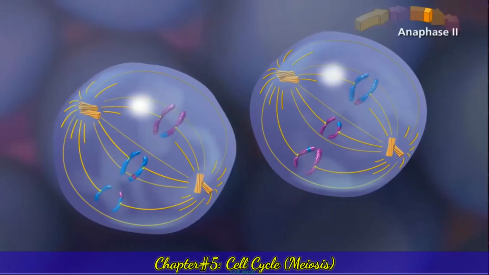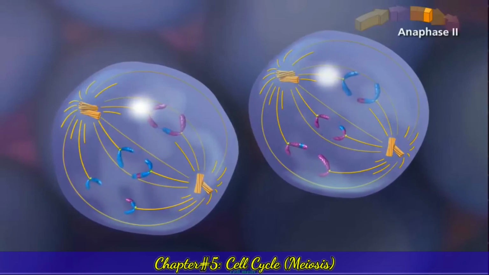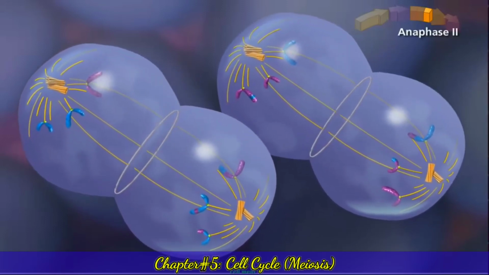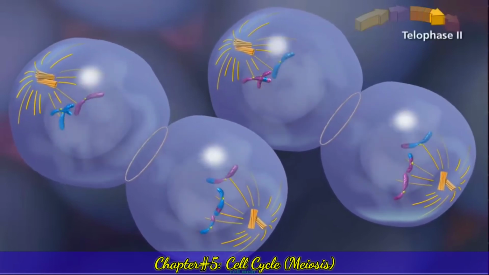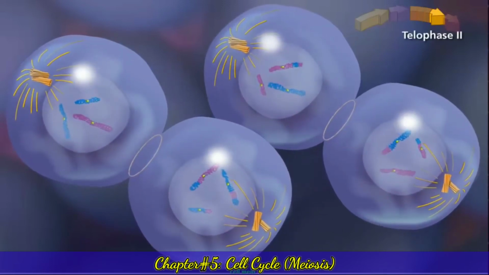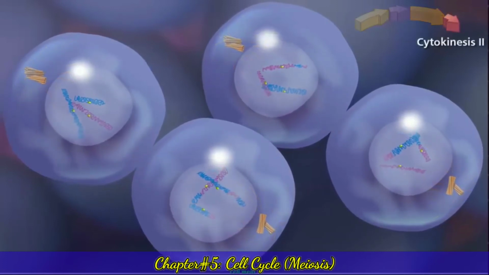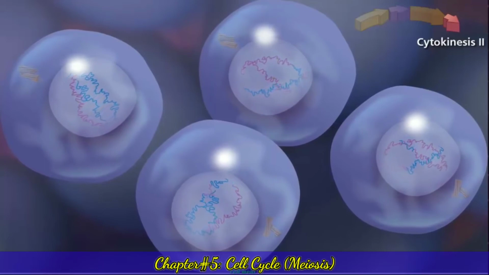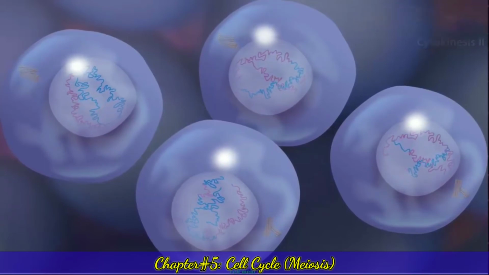During Anaphase II, sister chromatids separate and individual chromosomes move toward the poles. The entire process ends with Telophase II, as the chromosomes decondense and the nuclear envelope reforms. Cytokinesis occurs, and cleavage furrows separate the 2 daughter cells into 4 haploid daughter cells.